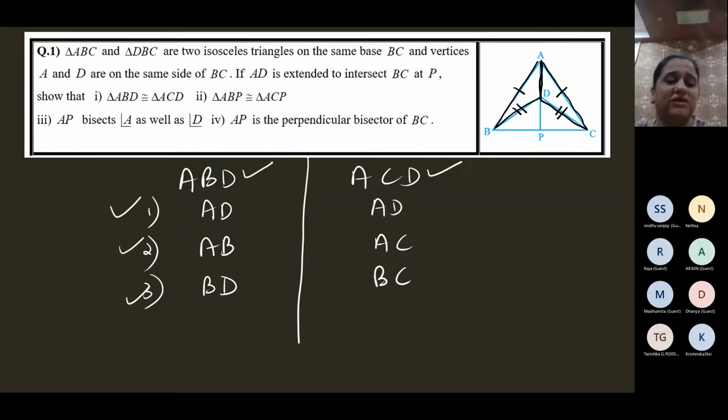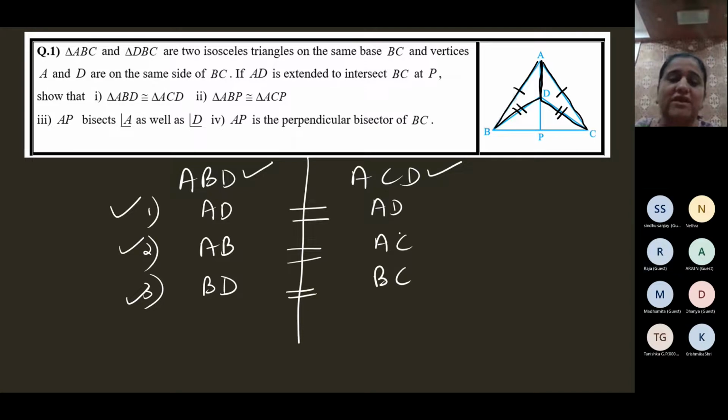So how, Raja, how will you explain this? How do you write these equalities? We have written some equalities here, right? AD is equal to AD is an equality, AB is equal to AC is an equality.